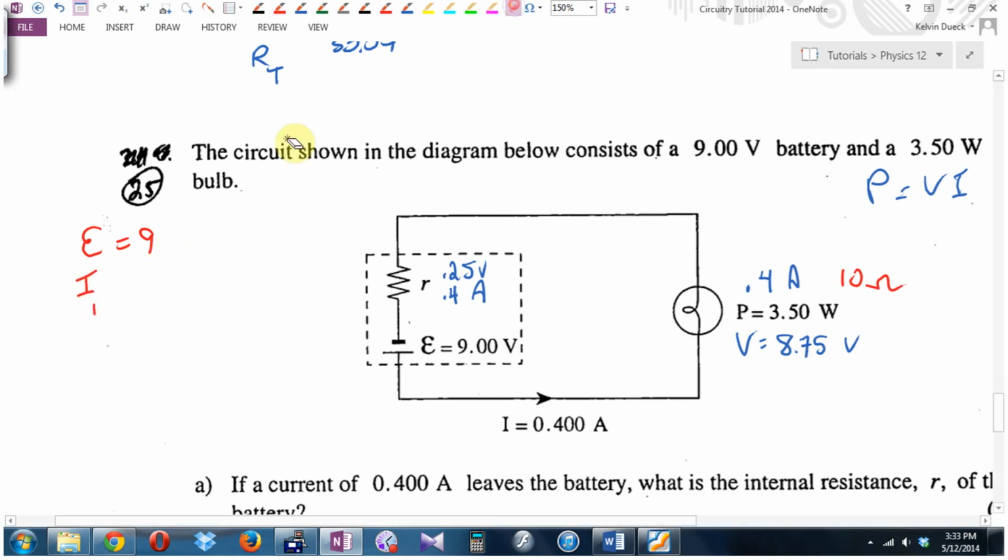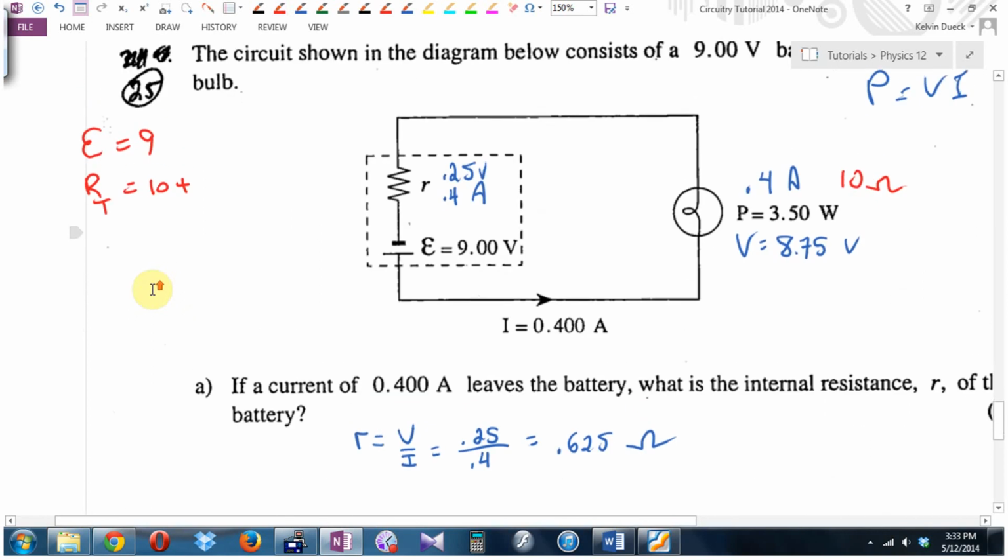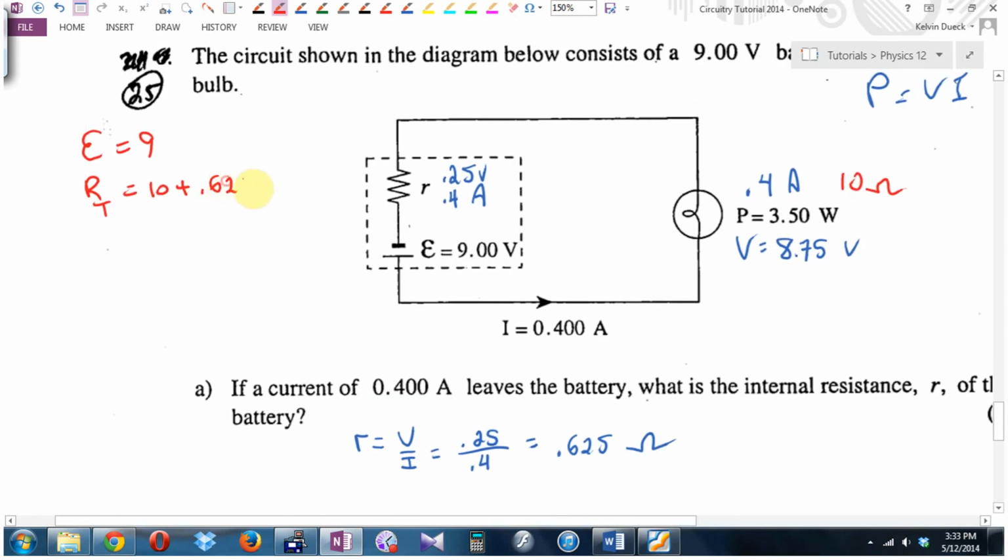Oh, not I total. Well, it's 10 plus, what did we find for the internal resistance? 0.625, right? So I total is going to be the EMF divided by R total, and now I can see what's going on. 10 plus 0.625.